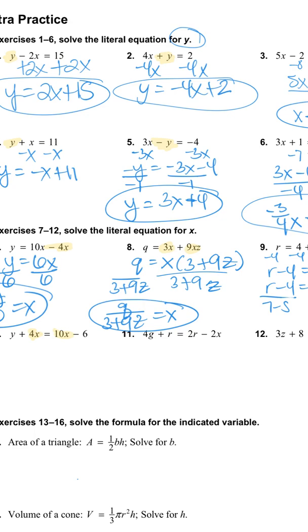Here we've got 4x and 10x on opposite sides. So we always want to move the lowest value first. So we're going to move our 4. So we're going to subtract 4x. Y equals 10 minus 4 is 6x minus 6 plus 6. So y plus 6 equals 6x.